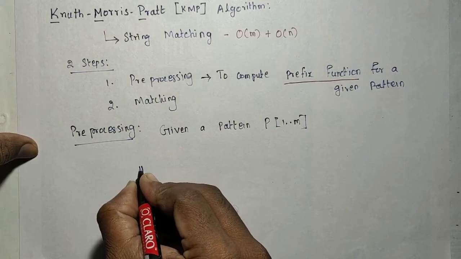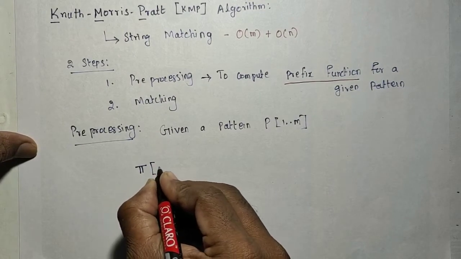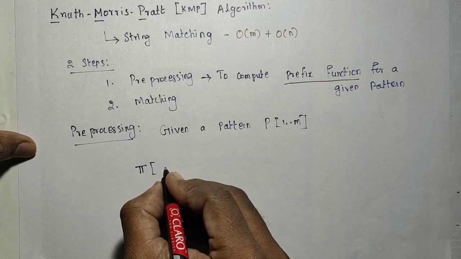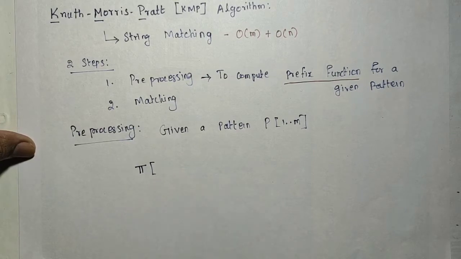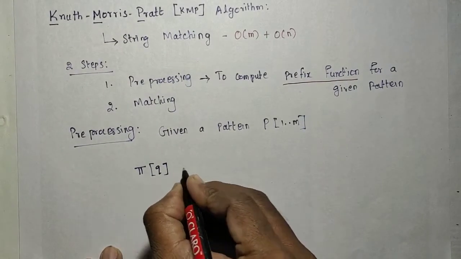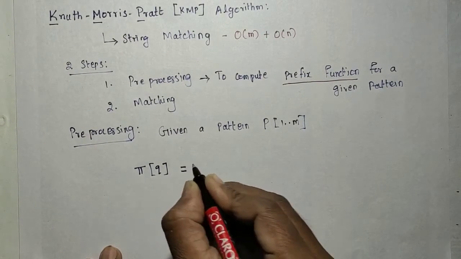It is given by the formula pi of q, a very simple calculation.